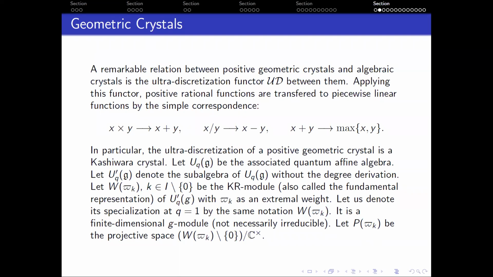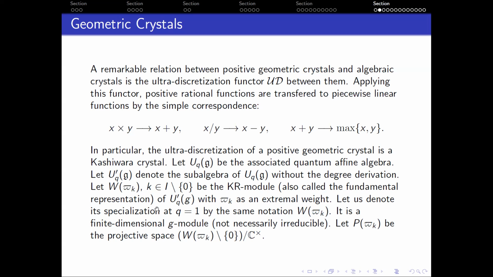With this, a positive geometric crystal maps to a Kashiwara crystal. That was the important thing that Berenstein and Kazhdan proved.